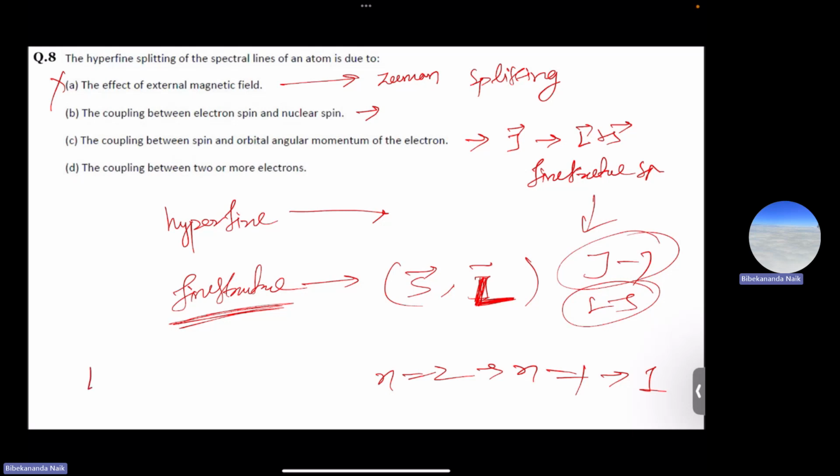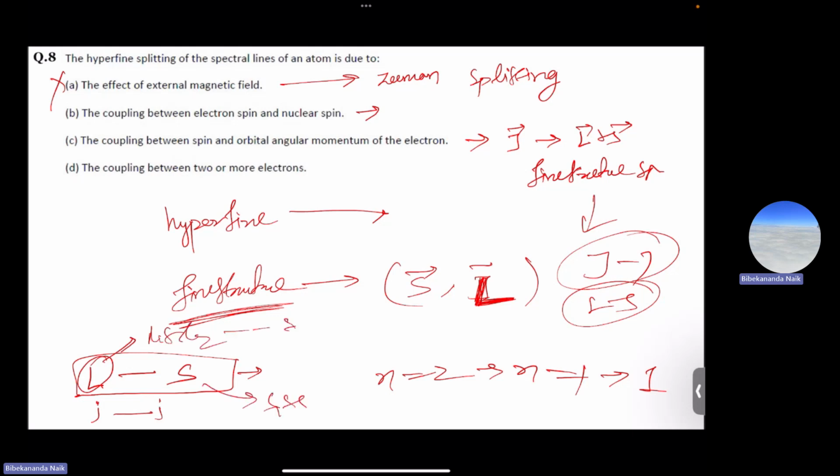Basically, LS coupling is written with capital L and capital S, but JJ coupling is written with small j and small j. Since it is capital L and capital S, this L corresponds to the total orbital quantum number, that is L1 plus L2 over a number of electrons, and S corresponds to S1 plus S2 over a number of electrons.